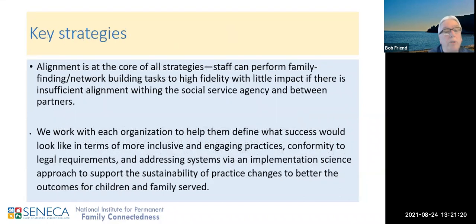So again, back to the alignment. Alignment is at the core of the strategies. As I spoke about, I can get people to learn how to perform family finding work with high, quote unquote, fidelity. But if their system doesn't really welcome and involve the family members that you're finding, it's to little benefit. And often families get further marginalized as a result.